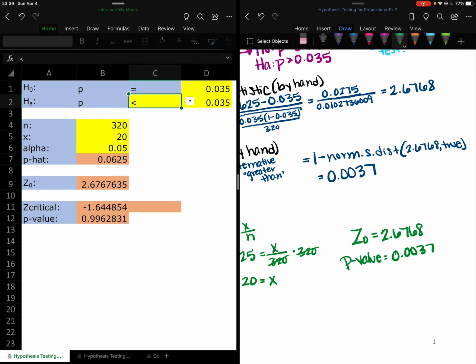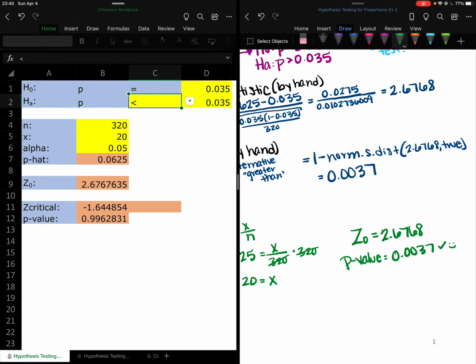As long as you change this symbol from less than to greater than, you don't have to do anything to the p-value. It will calculate the correct p-value for you. So long as you put the correct symbol from the drop-down, make sure you change that to greater than. If it's still in the less than, then it won't be correct.